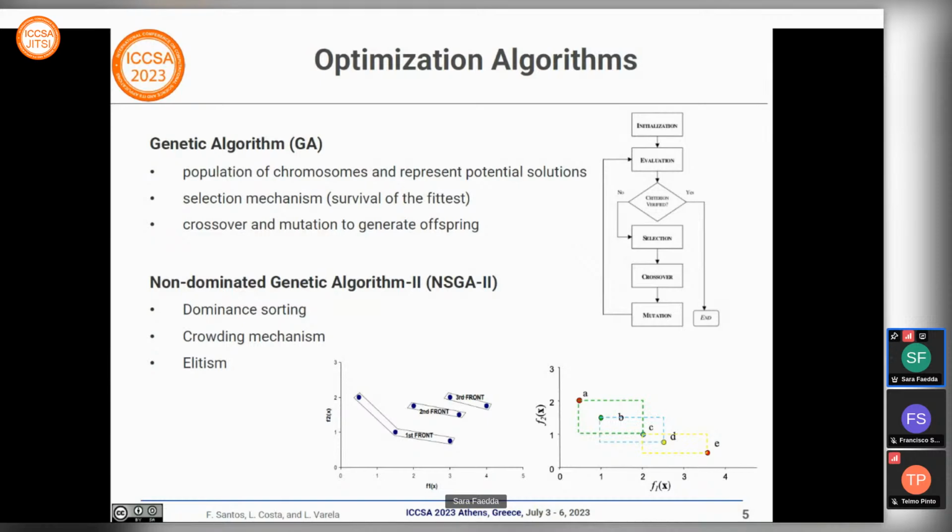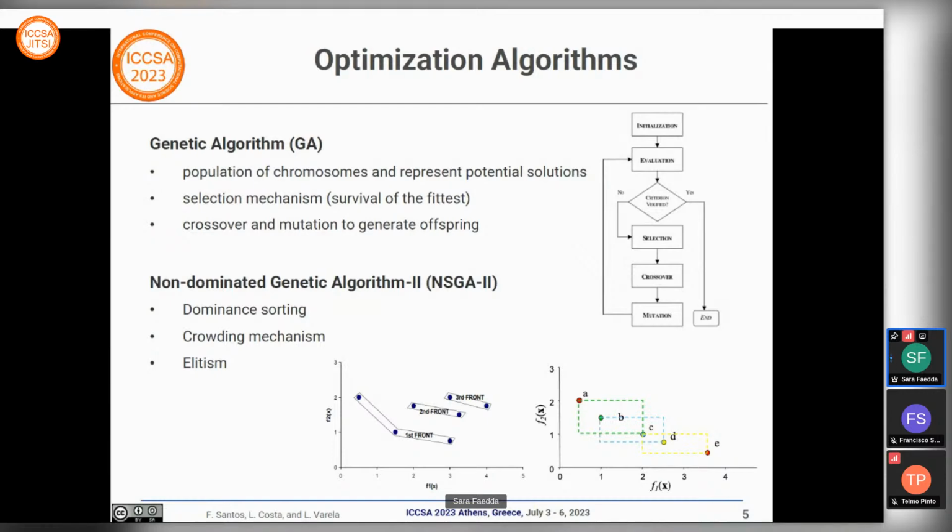In terms of the results I will present, we have used the well-known genetic algorithm for multi-objective optimization, NSGA-II, where the search is based on dominance sorting. As I said before, the idea is to rank better the solutions that are non-dominated, so solutions in the population are ranked according to the dominance relation.